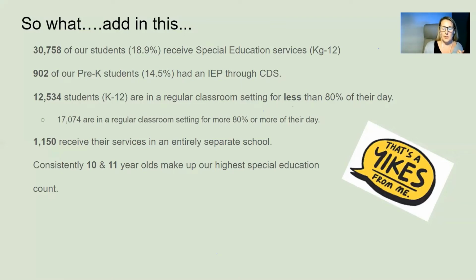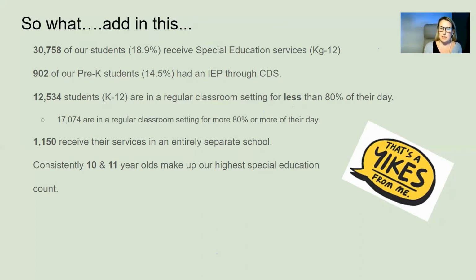So again, I was talking earlier about wanting students to be included in their regular ed classroom. So when we look at that, just around 50% of students K-12 who qualify for special ed are in their classroom setting for less than 80% of their day. So remember, most of 2019-2020 was full day, full week programming, right? Like that was our sort of our typical schedule.